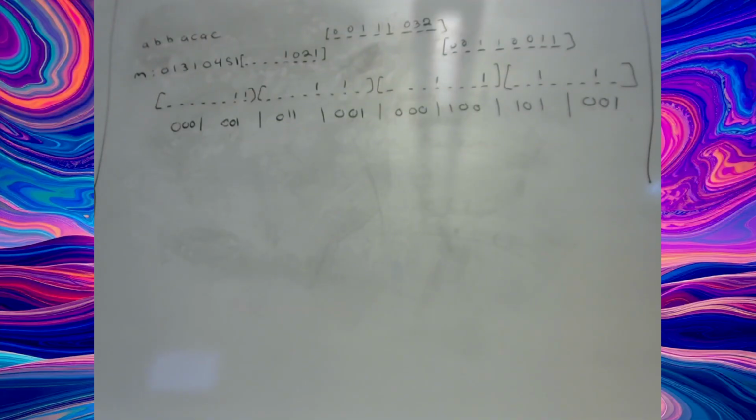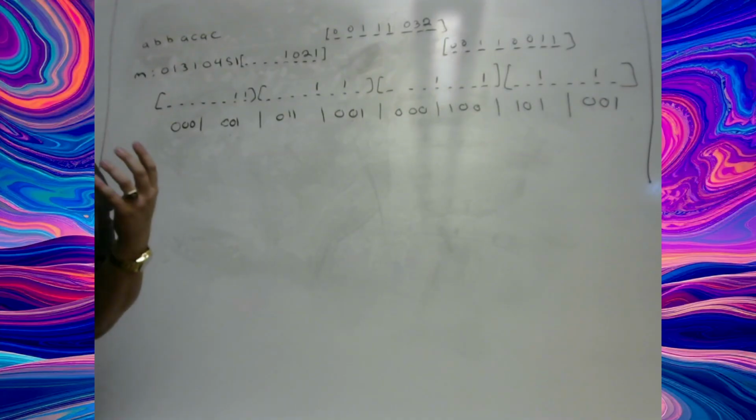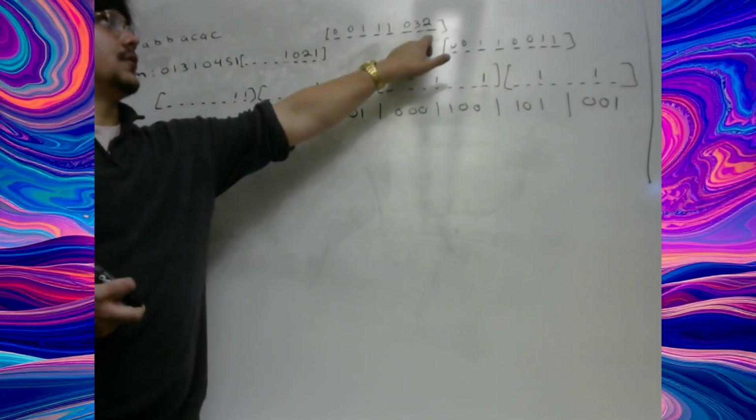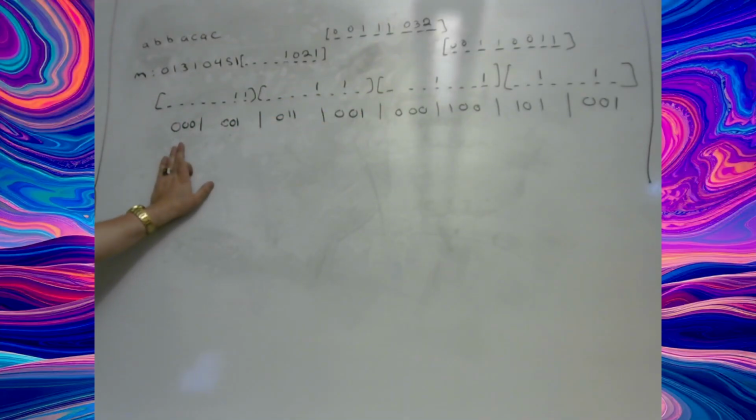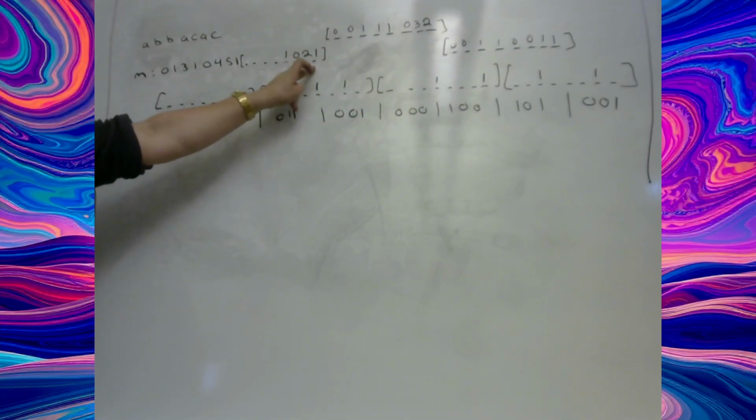Now if the question was how many even prefixes there are, we should just return this value, because we just did that work. If we wanted to find how many even prefixes there are over this range, including the empty string, there's 1.